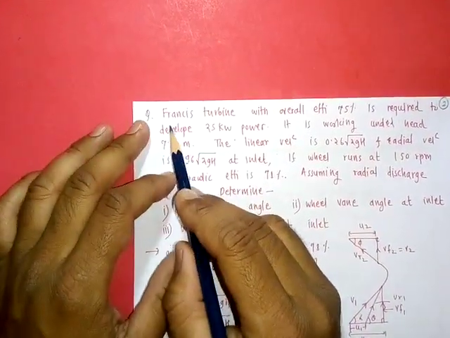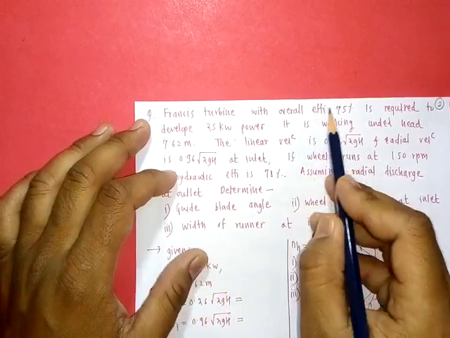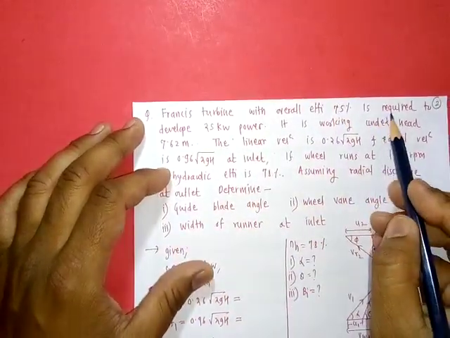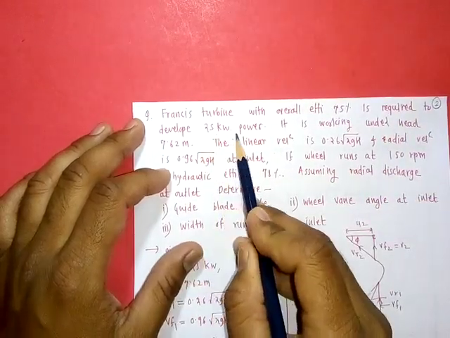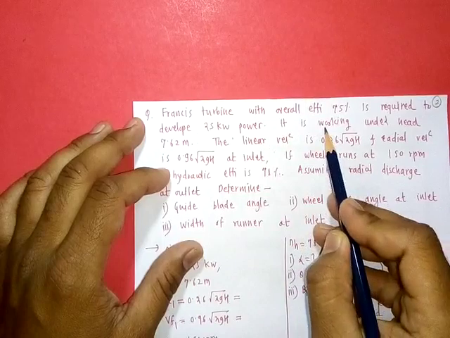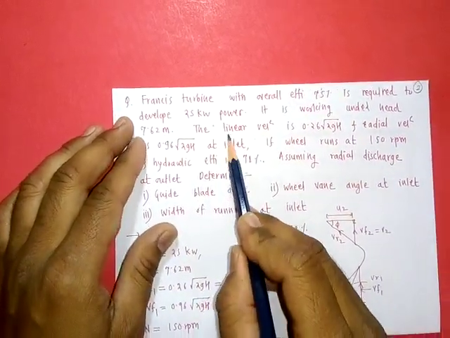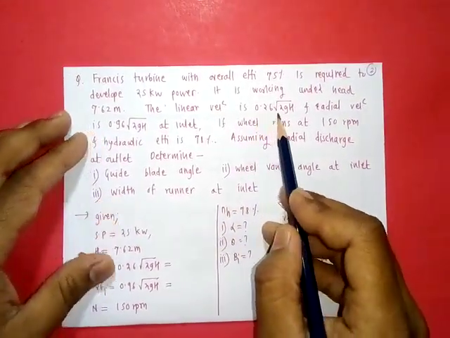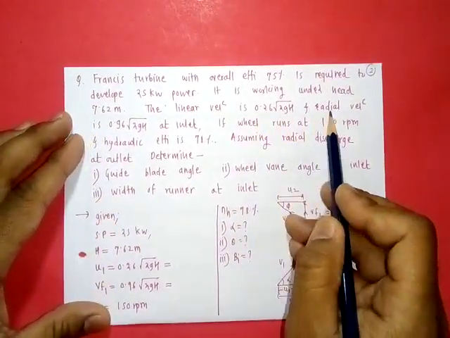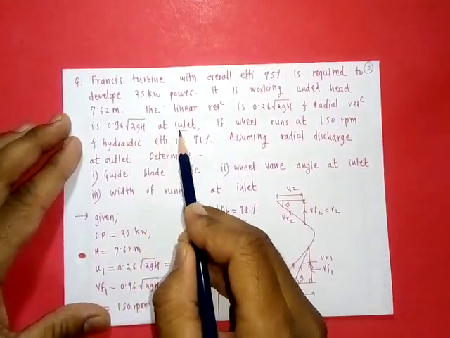The problem: a Francis turbine with overall efficiency 75% is required to develop 25 kilowatt power. It is working under a head of 7.62 meter. The linear velocity is 0.26 under root 2gh and the radial velocity is 0.96 under root 2gh at inlet.